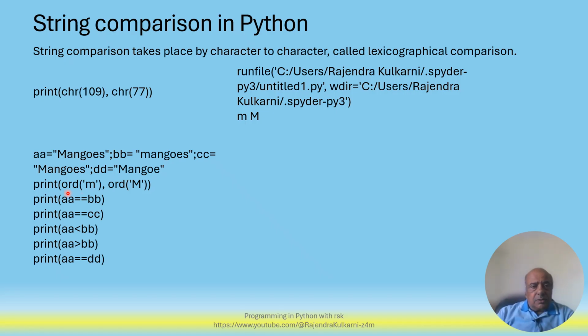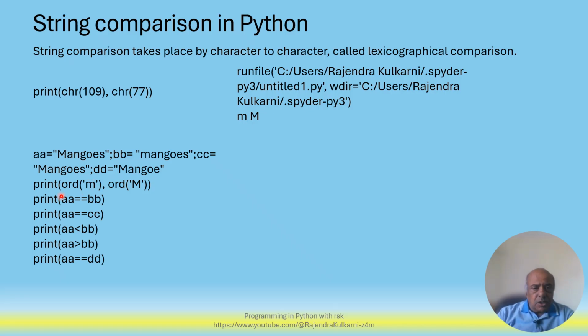Now this chr function gives us the corresponding character. This ord function which we are using here, having some character as an argument, will give us the int value of that character in the Unicode scheme.